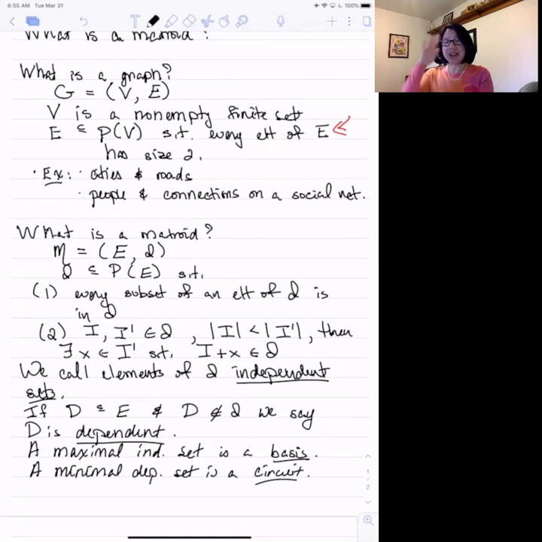Graphs, where for a graph, the E is the edge set of the graph, and the independent sets will be sets without cycles, okay? And in rigidity, the E is again the edges of a graph, and the independent sets are going to be the 2, 3 sparse subgraphs.